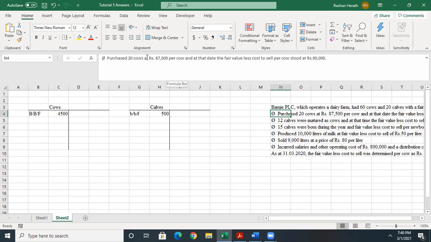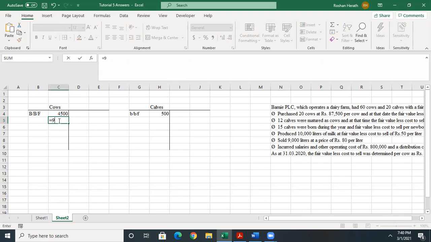You have paid 87,500, but the fair value less cost to sell at that time was 90,000 per cow. So 90 into 20 is what you should recognize in the cow section. It's 1,800.